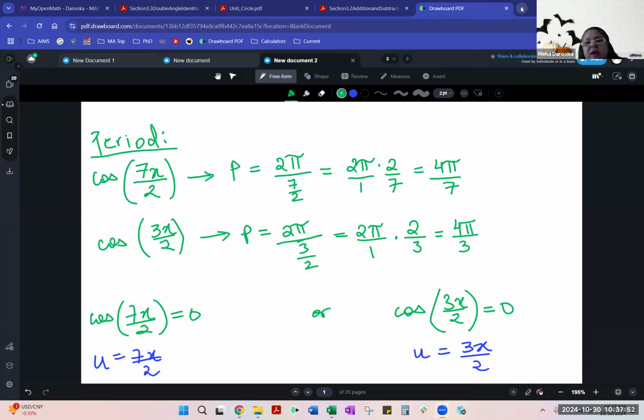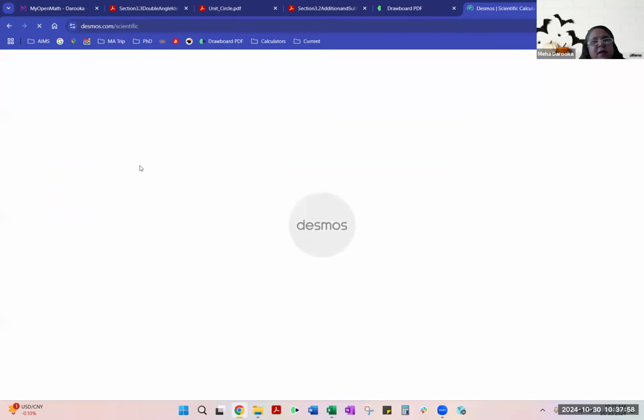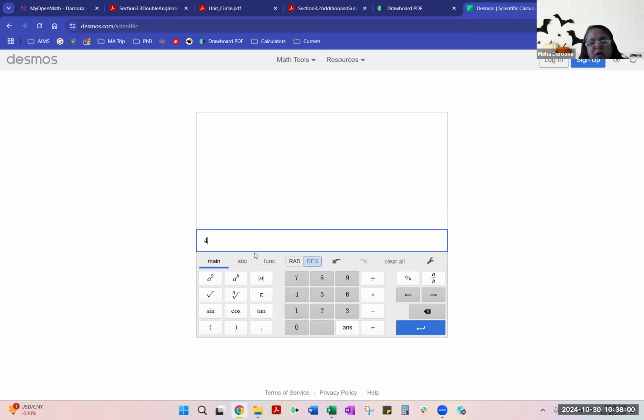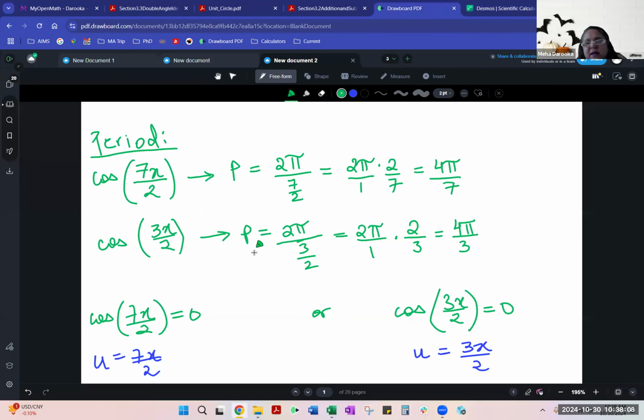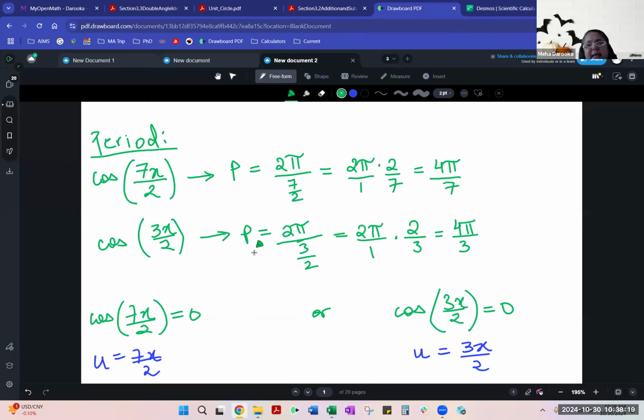This is probably where I would use Desmos to get an approximation. So 4 pi over 7, you can see, is approximately 1.795. And sorry, what was that other one? 4 pi over 3. And you can see this guy is coming out to be approximately 4.188.